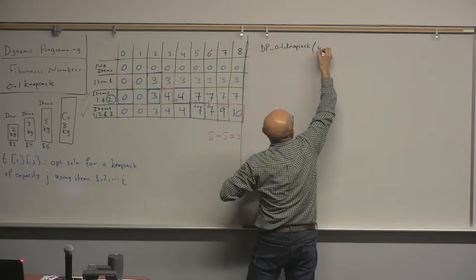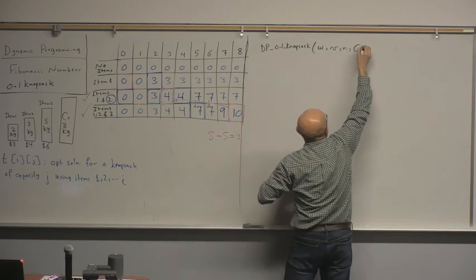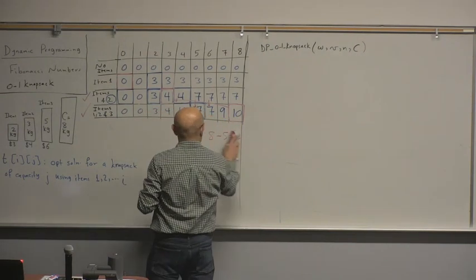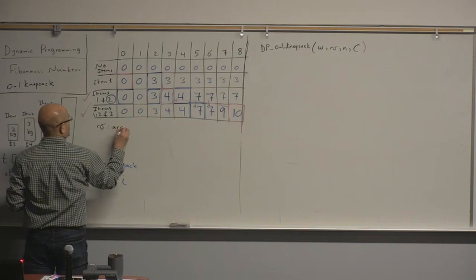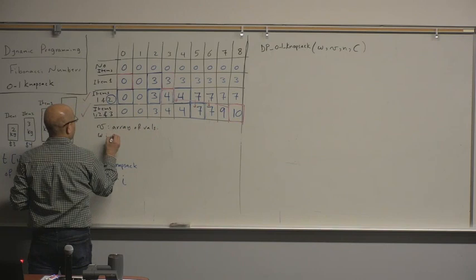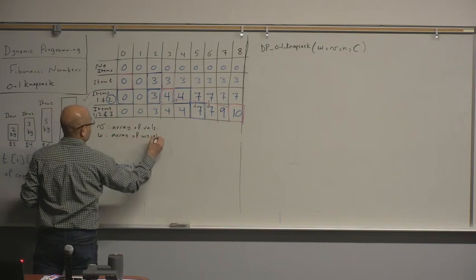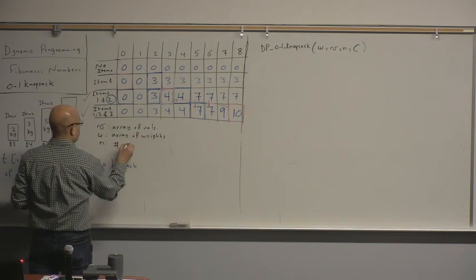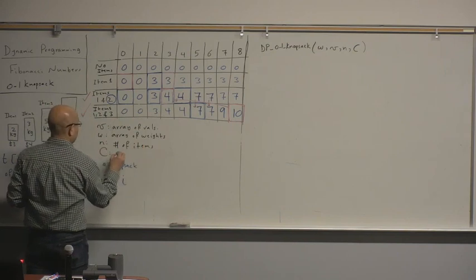And then I get W, V, N, and C. And these have the usual meanings. What's V? V is an array of values. W is an array of weights. N is the number of items. And C is the capacity.